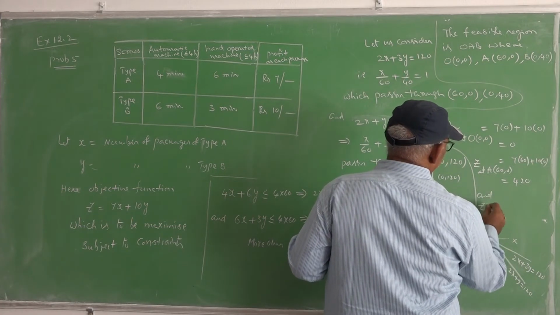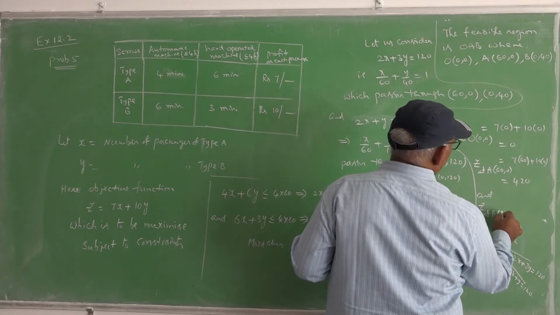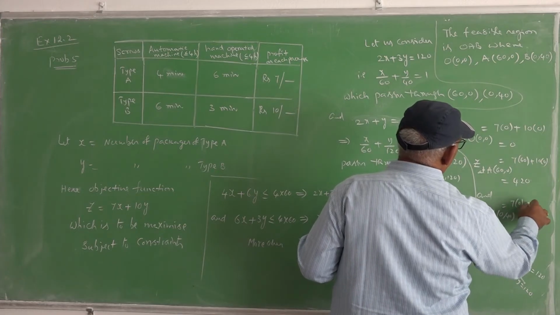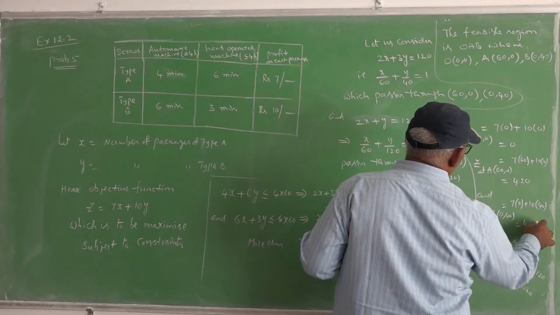And Z at B, 0, 40, is 7 into 0 plus 10 into 40, that is 400.